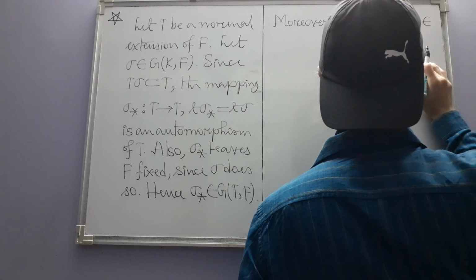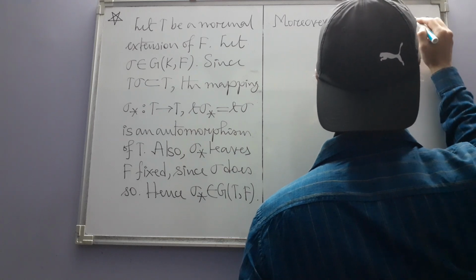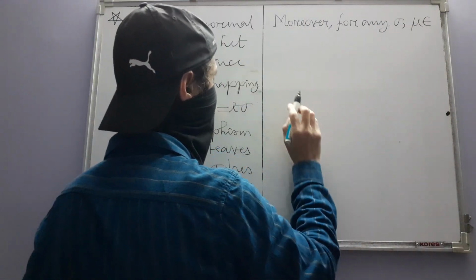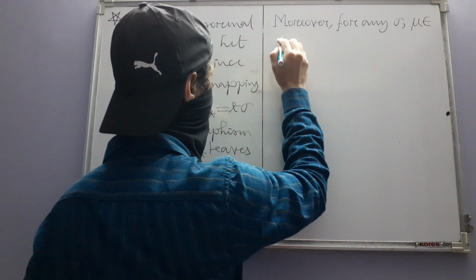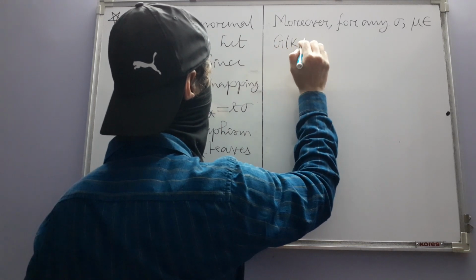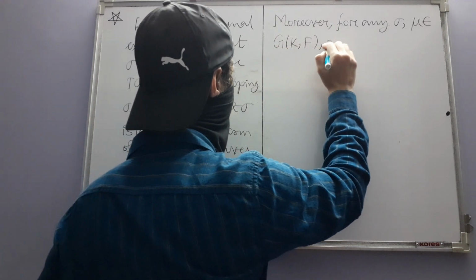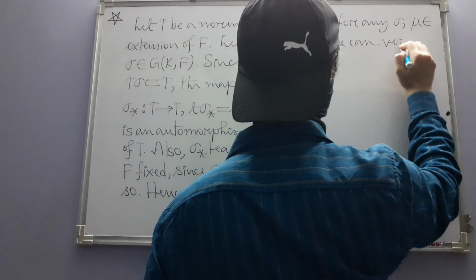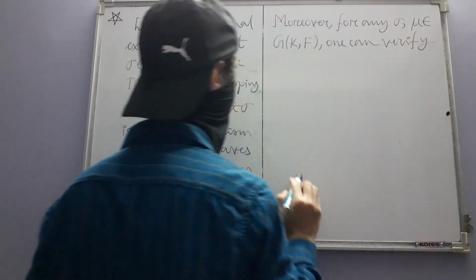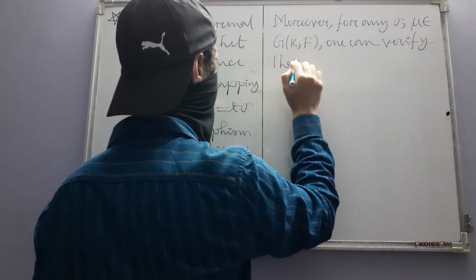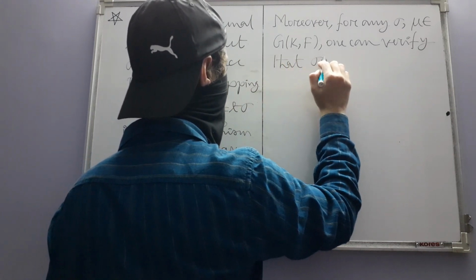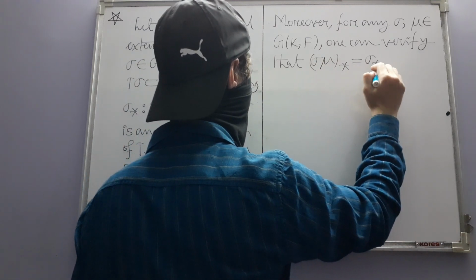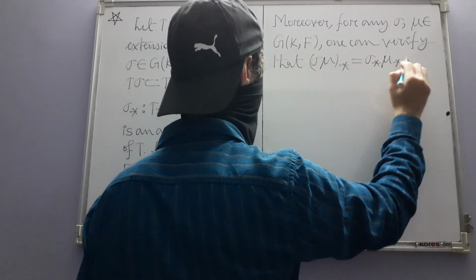Suppose mu. Okay. And also for any sigma and mu belonging to the Galois group, one can verify, it's just a simple matter to verify this, that (sigma mu) star is equal to sigma star mu star.